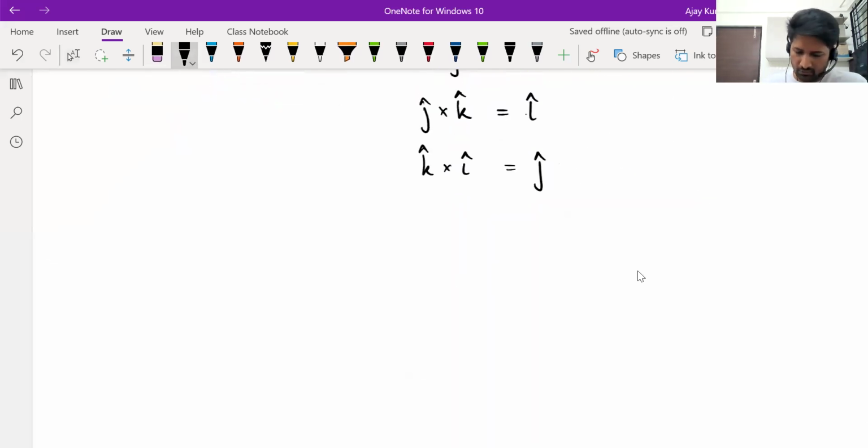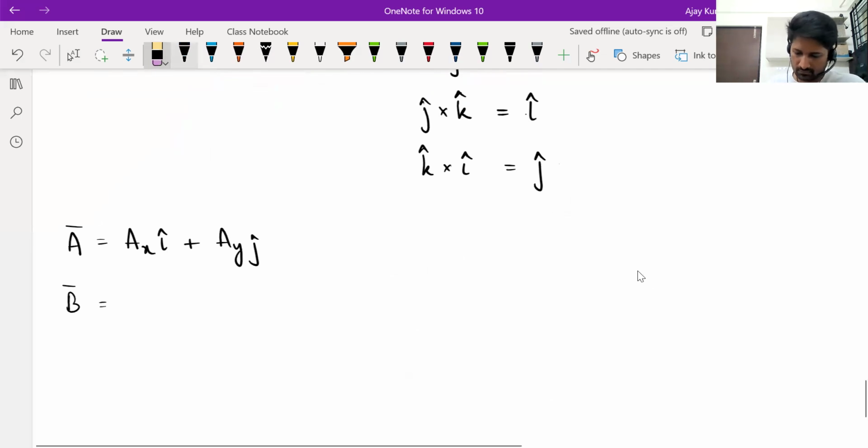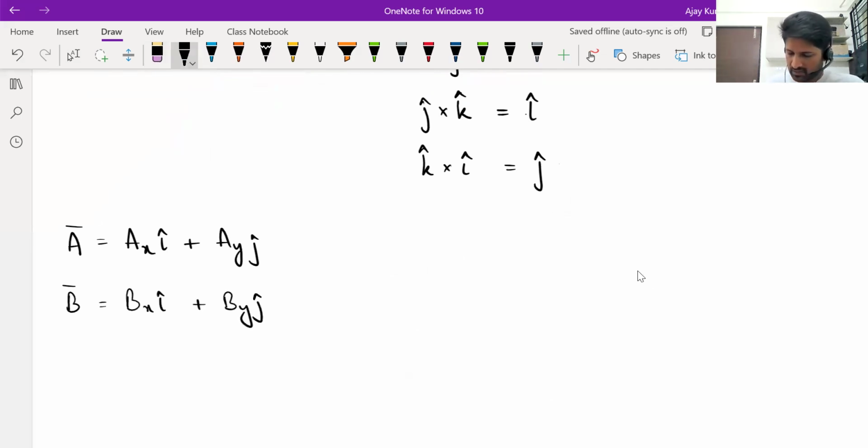Now suppose you are given two vectors like this. One vector having an X and Y component, another vector also having an X and Y component, and you need to take their cross product.